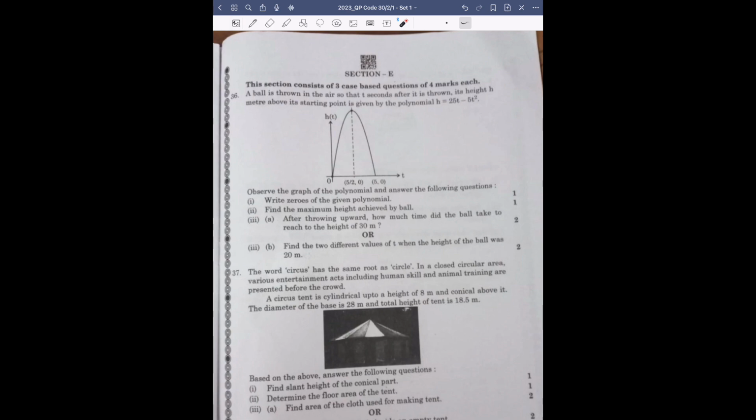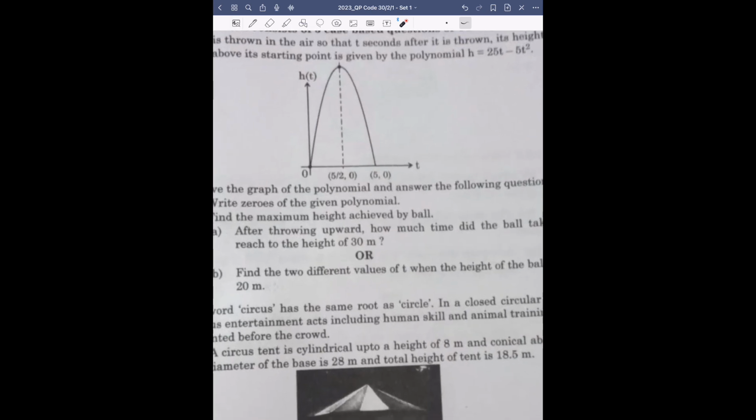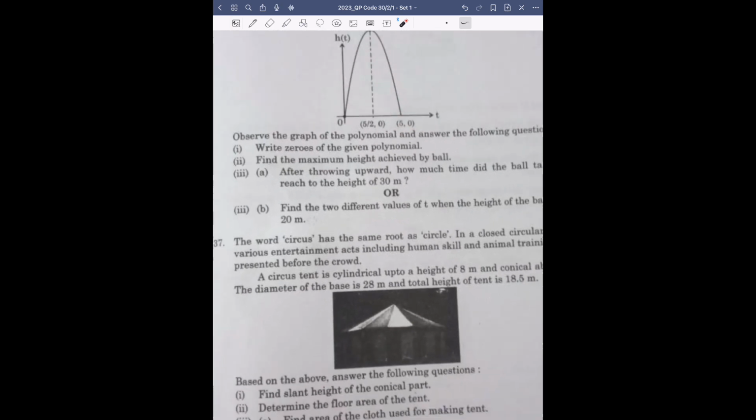You can clearly see from the graph. At t equals 0, your height is 0, and at t equals 5 seconds also, it comes down and hits the ground. So height is 0 two times.